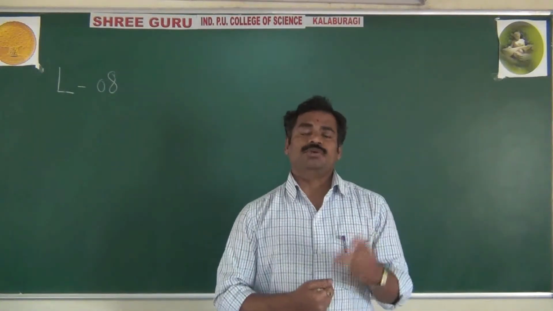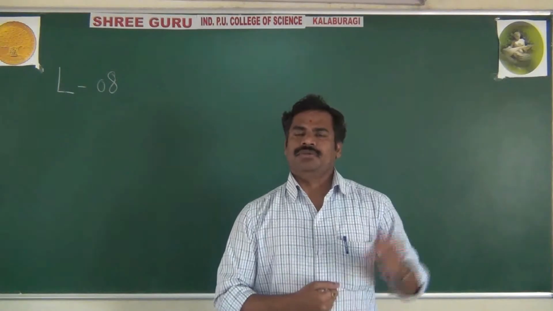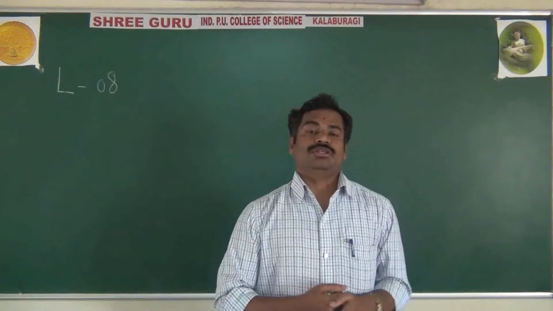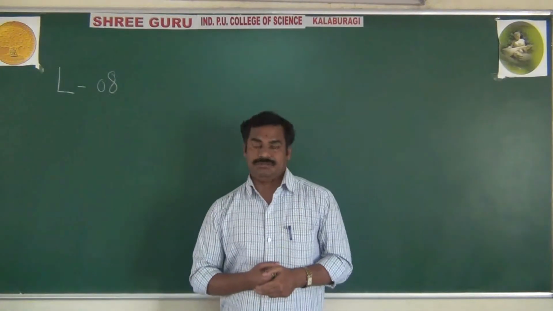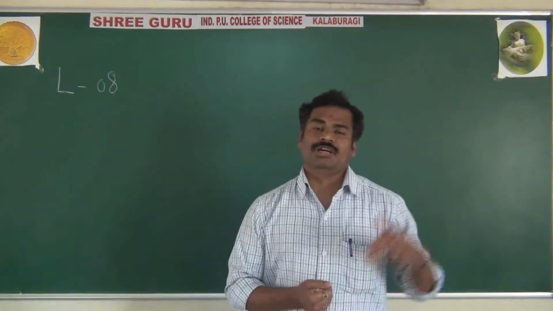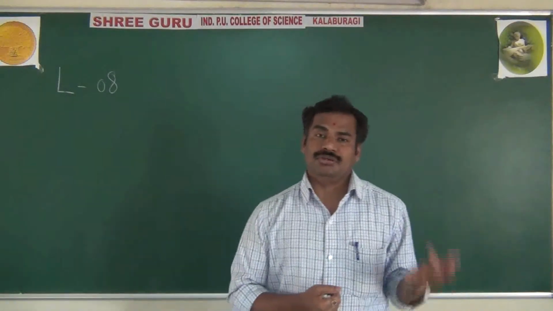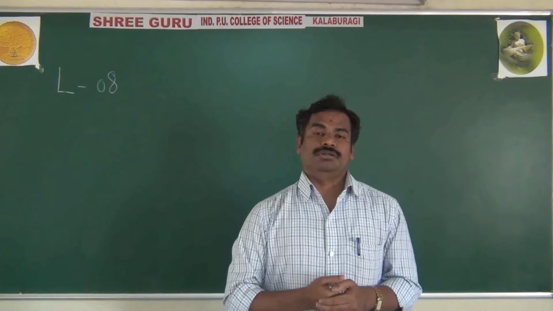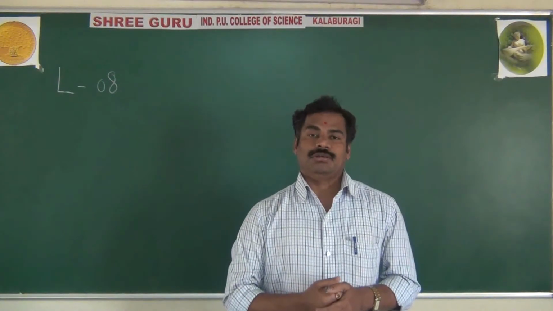Another important thing, as I said, the op-amp can be used as a multiplier, and it is also used as a divider. You can multiply the voltages or divide the voltages by using logarithmic and anti-logarithmic amplifiers.